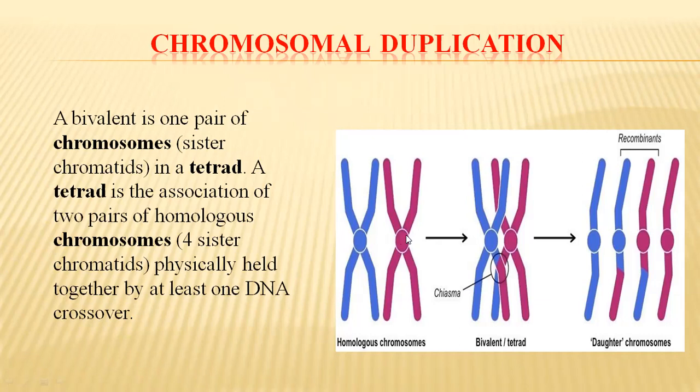We can see in these two chromosomes a total of four chromatids. That's why this structure is called a tetrad or bivalent. Two chromosomes are there, that's why it is bivalent. Four chromatids are there, that's why it is called a tetrad. The formation of the tetrad or bivalent is done in this chromosome duplication phase.